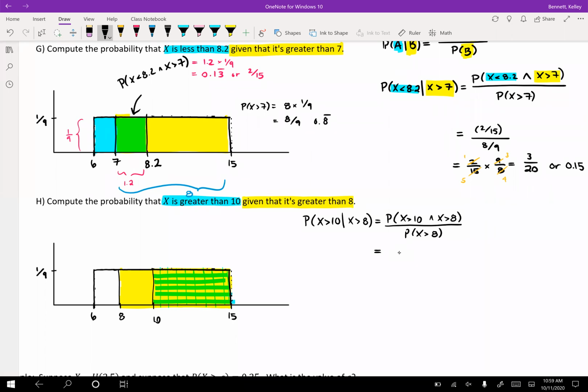So the yellow region has base 7, height 1/9. So I have something over 7/9.